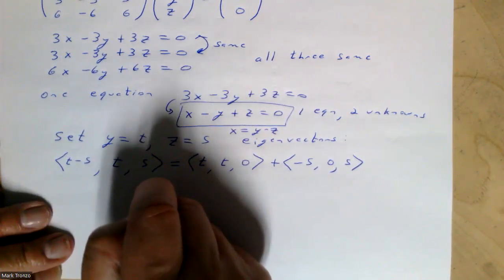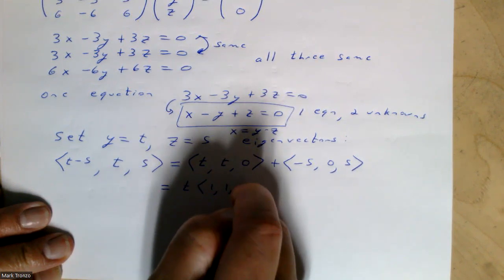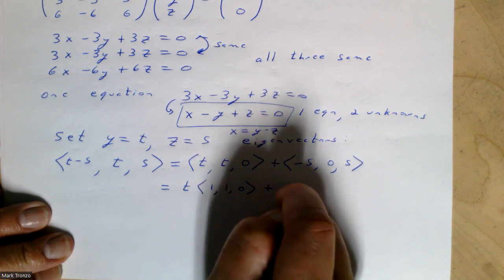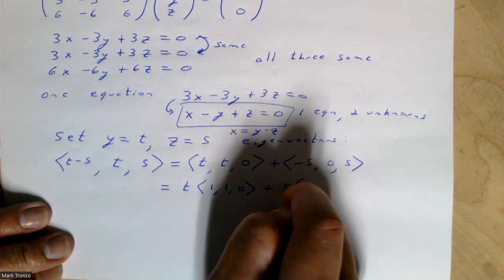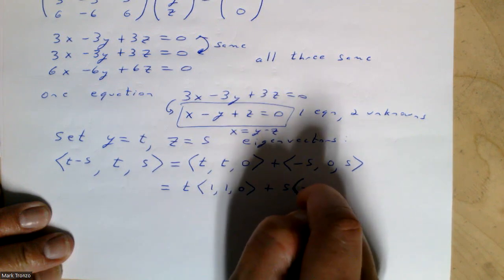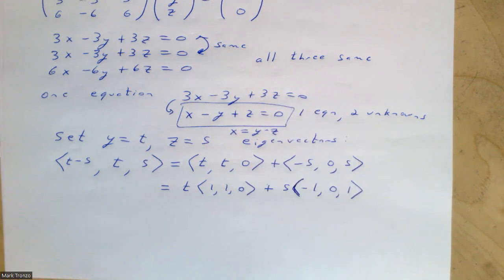And then you could factor out your parameters. t times 1, 1, 0 plus s times minus 1, 0, 1.